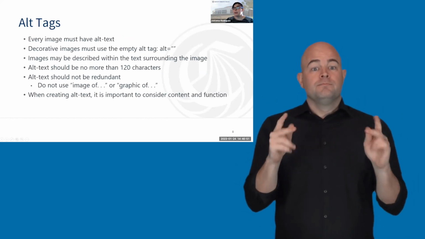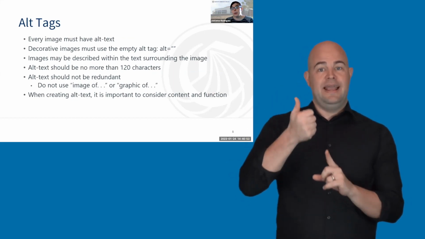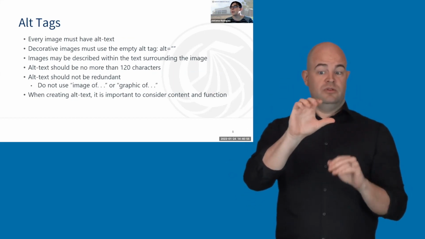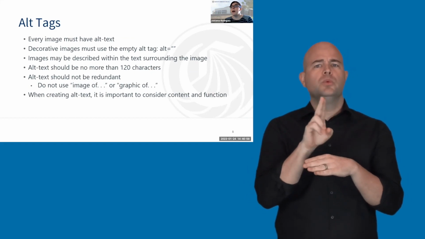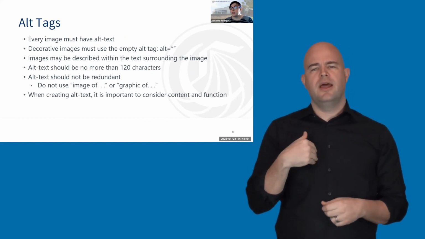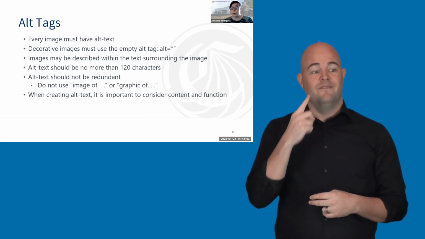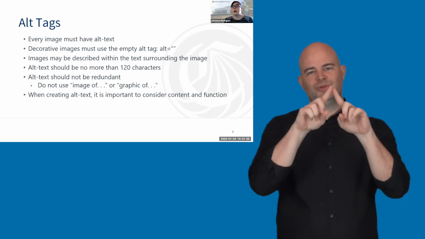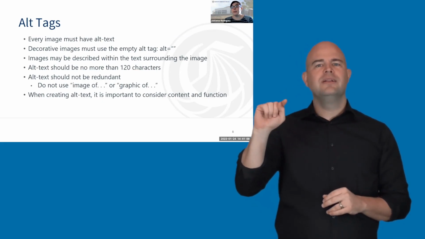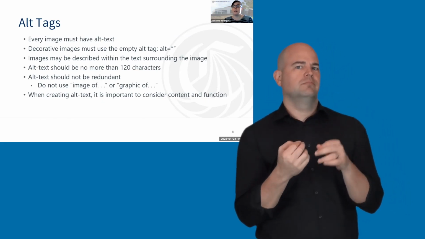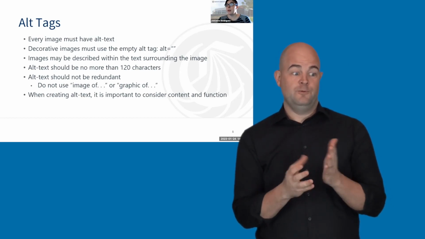Okay, so alt tags. Every image that you post to your Canvas page or to the web, whatever document you're working with, should have alt text. Again, this goes back to students who are using screen readers. If students aren't able to see the image, then the alt text is going to tell them what is displayed on the page.